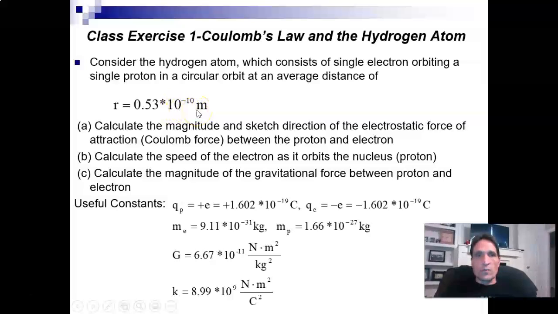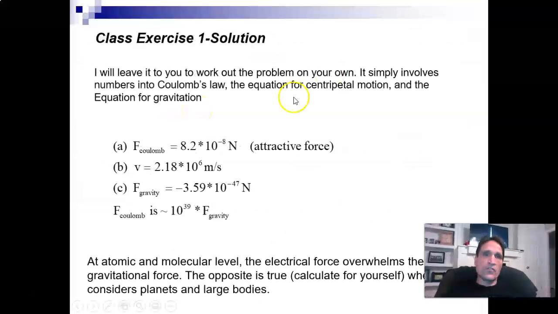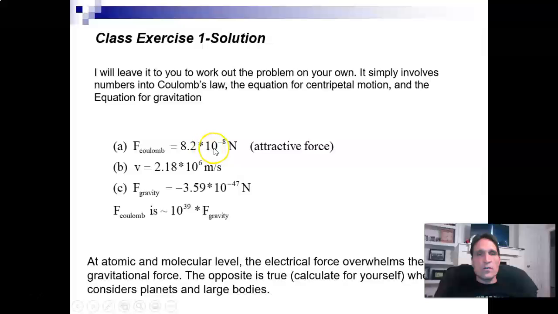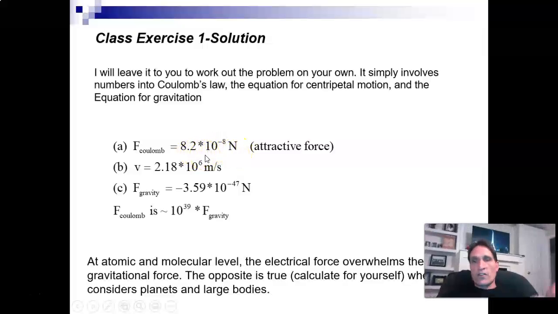And so when you plug that in, and you should do this, you find that the force is 8.2 times 10 to the negative 8 newtons. That's the magnitude. The force is attractive. They're pointing toward one another because the proton and the electron are attracted.